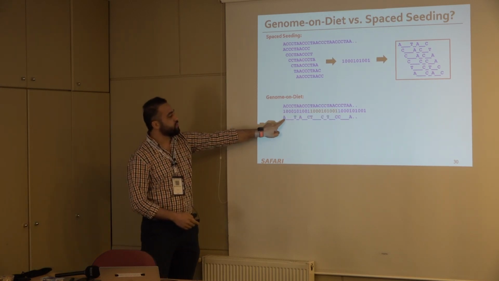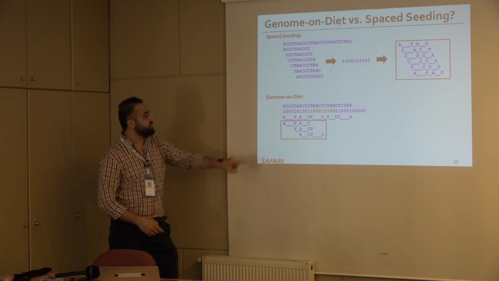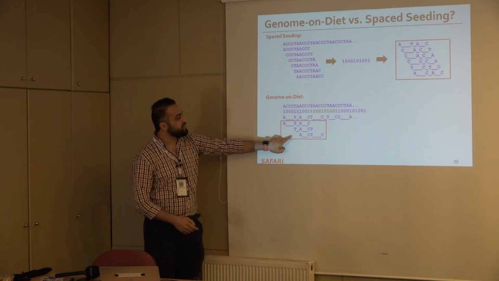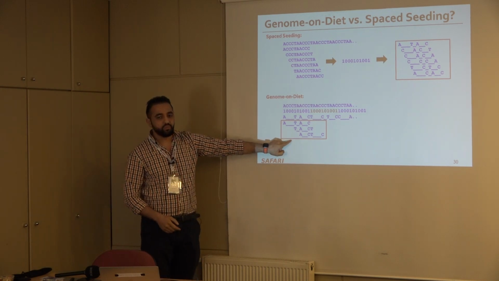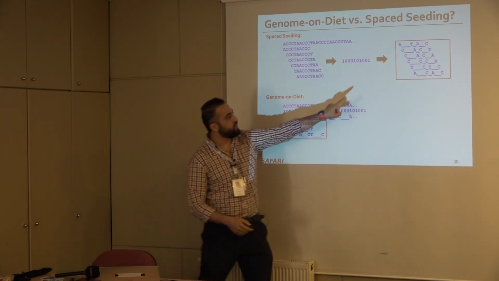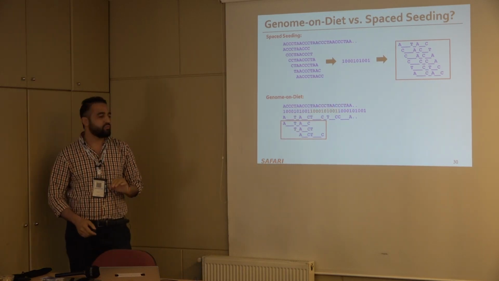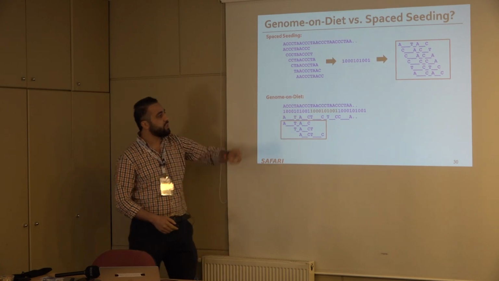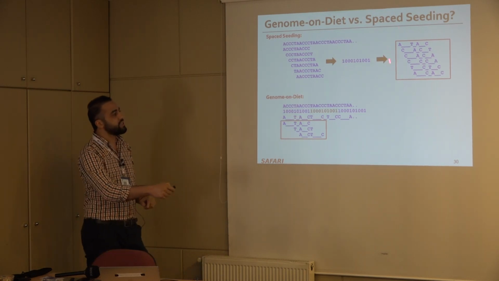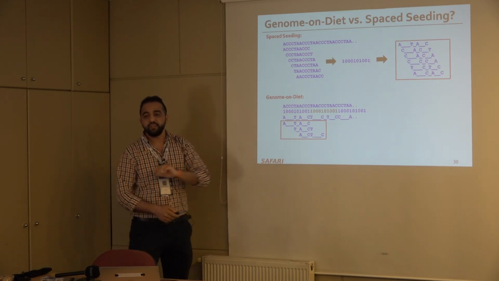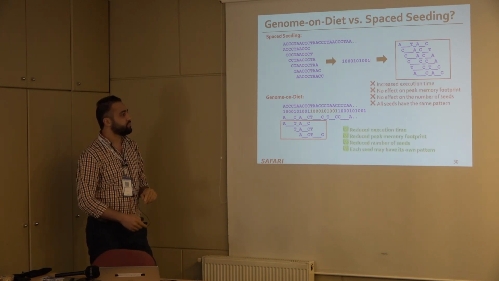This is the new version of the sequence, and now we extract all overlapping k-mers as we did over there. However, this is the end result of the k-mers, and you can see the differences between this and that. Here we extract only 3 k-mers from the exact same amount of bases. But over there, we have about 6 k-mers extracted. And you can see that we already cut the number of k-mers by half.